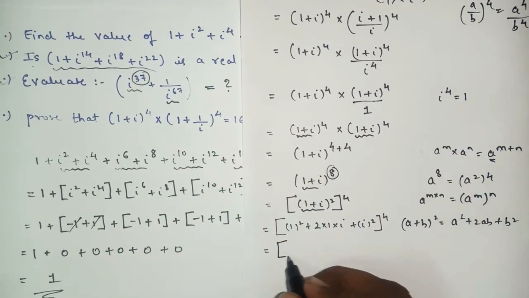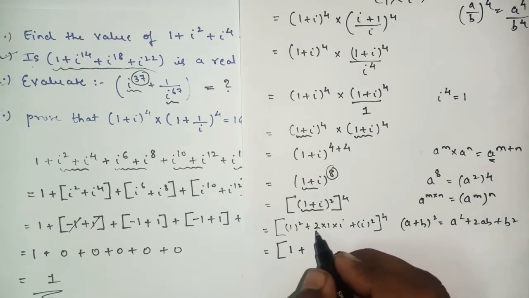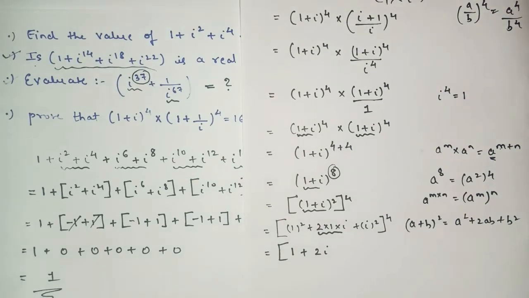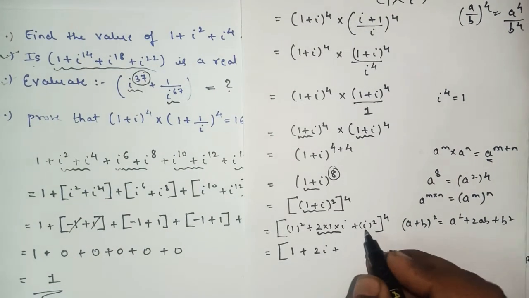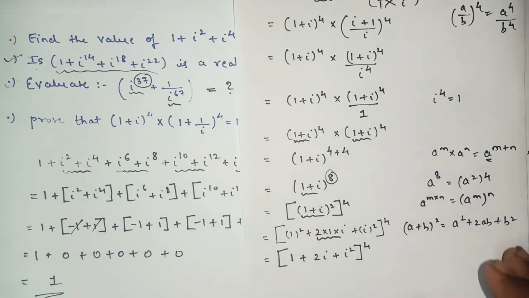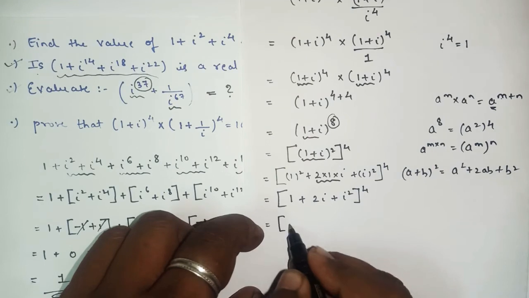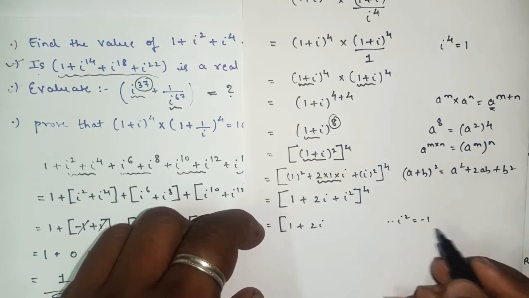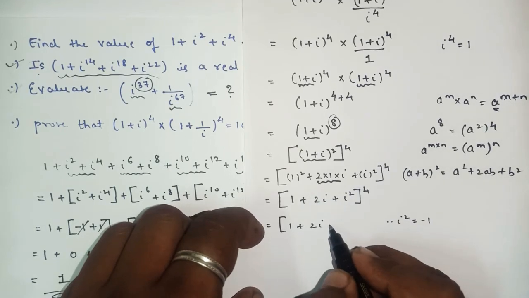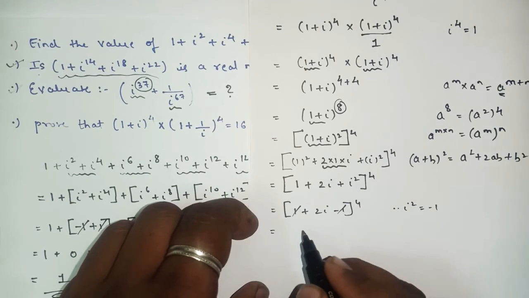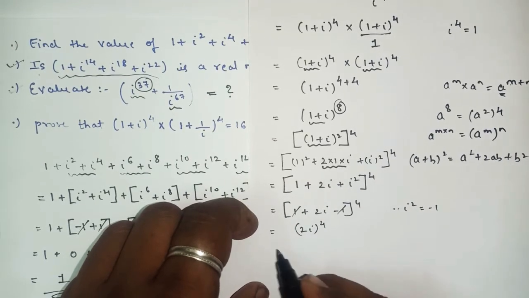So next part will be: 1 square is 1, these two ones give 2 into i, it is 2i. Then after this, i square, the whole raised to 4. So 1 plus 2i plus i square. We know that the i square value is minus 1, so in place of i square we can write minus 1. So this minus 1 plus 1 will get cancelled, and we are left with 2i the whole raised to 4.